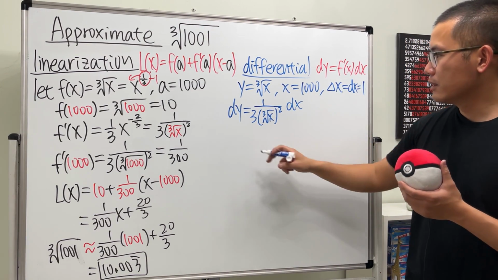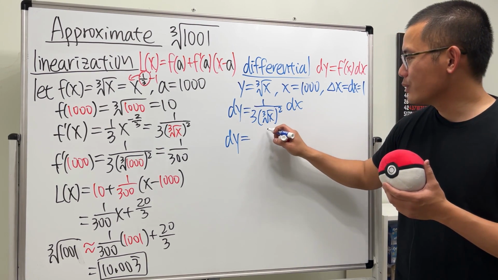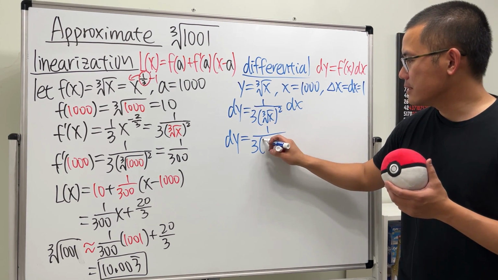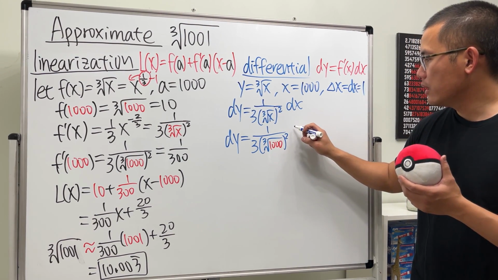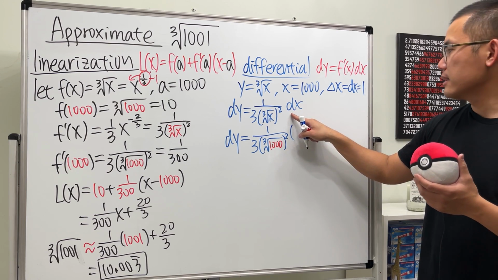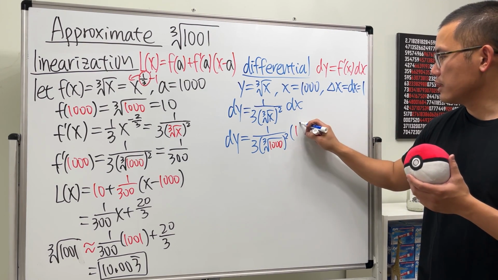Then just plug in. So dy equals 1 over 3 times the cube root of 1000, and then we square, and we multiply by dx, which is 1. That's pretty nice.